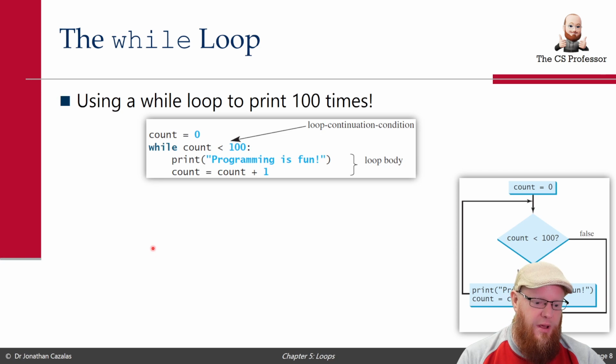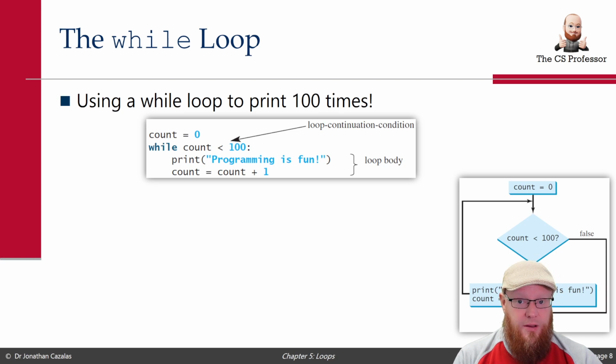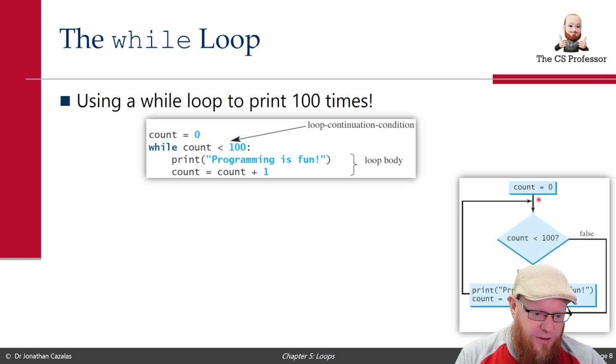Here's the code, and here is the flowchart. We're going to have this count variable, and it starts at 0. And is count less than 100? If it is, let's go ahead and print programming is fun. Then let's increment count. So now count is 1. So we're one step closer to being done with the loop, and we're going to come back up here again.